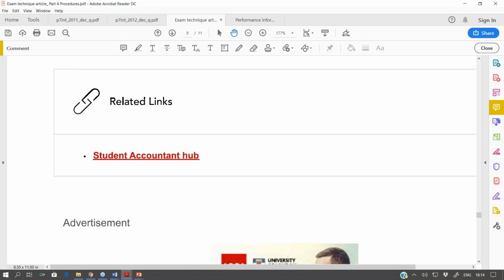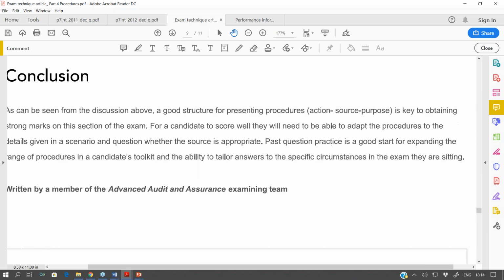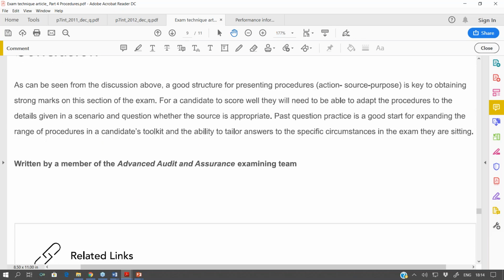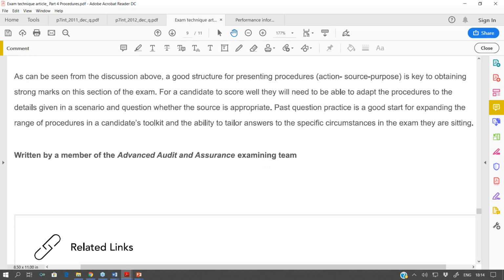Now, when you look at the conclusion of this article, the examiner makes a summary telling, as can be seen from the discussion above, a good structure for presenting a procedure (action, source, purpose) is key to obtaining strong marks on this section of the exam.